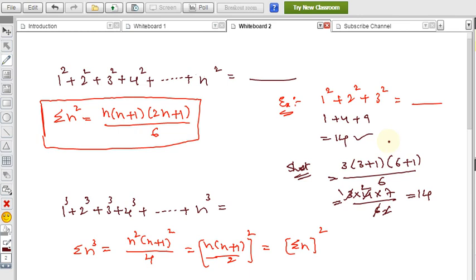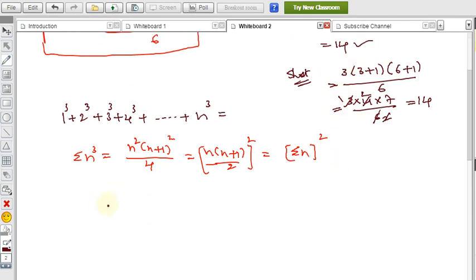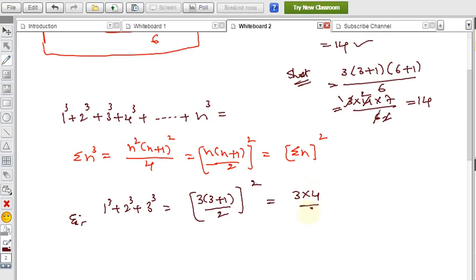So this is a formula you can apply for sigma n square, and even for cubes also. For example, 1 cube plus 2 cube plus 3 cube is equal to n into n plus 1 by 2 whole square. 3 into 3 plus 1 by 2 whole square. 3 into 4 by 2 whole square. 6 square is 36.